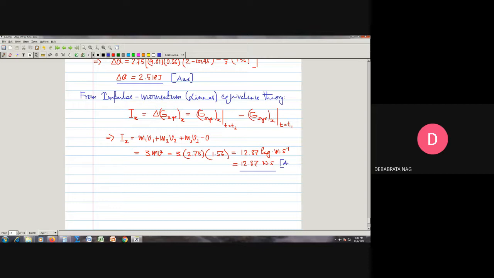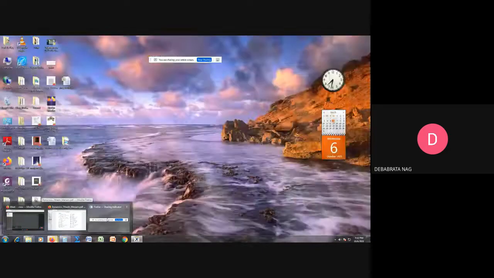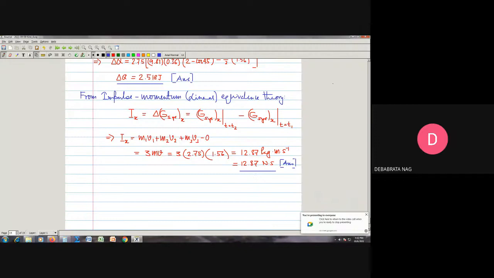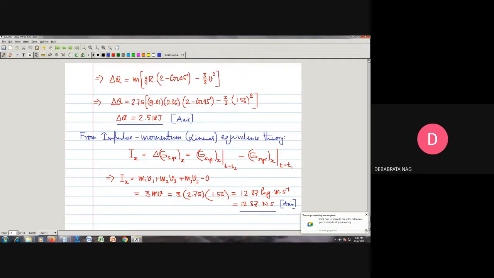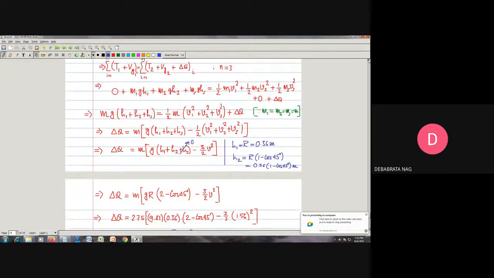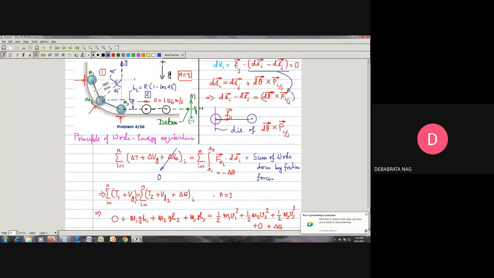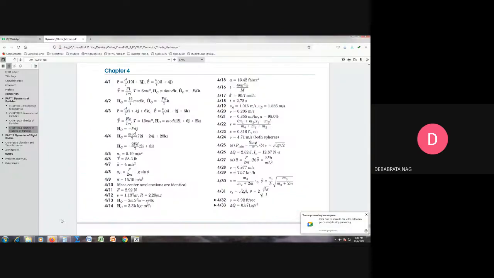So let us now check this against the answer provided in the book, remembering that this is problem number 4/26. We go to the answer section and find problem 4/26.